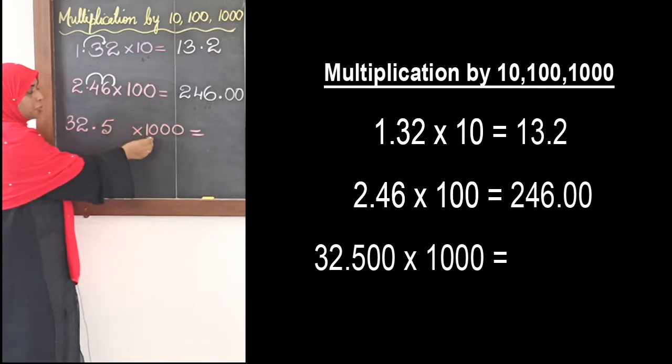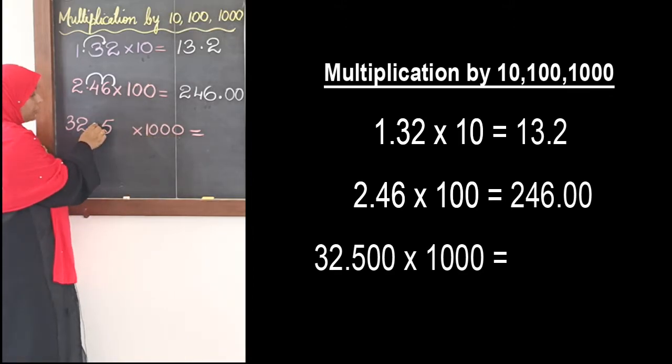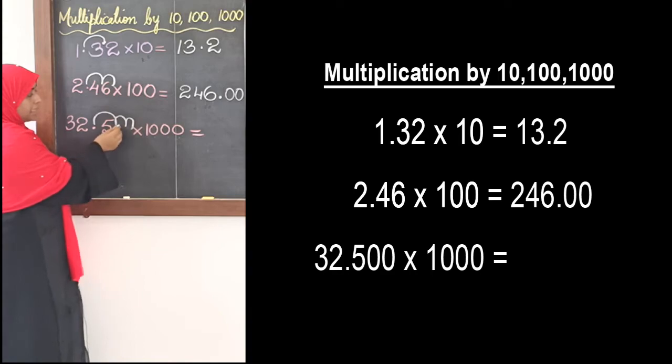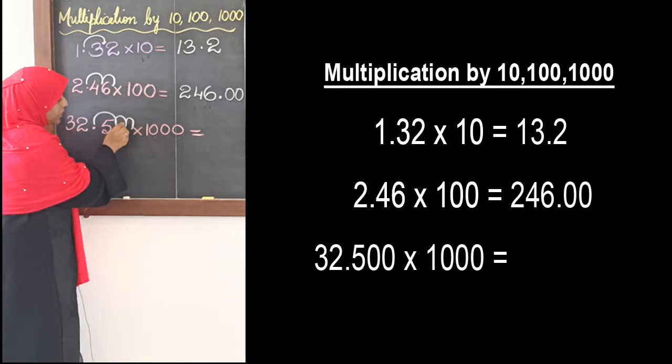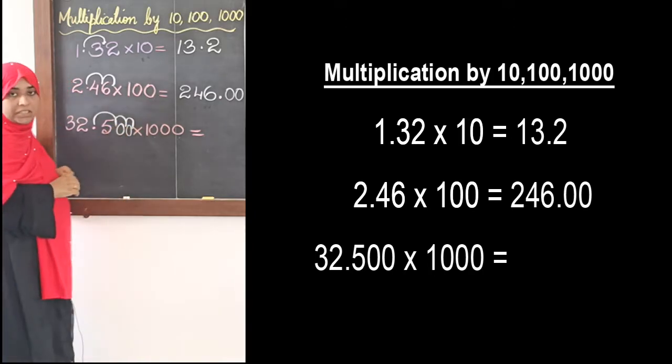My point has to shift 3 places to the right. So, let us see what happens over here. From here I start, and first it will jump 1 place, 2 and 3. But you can see that in these 2 places there are no digits. That means we can just add zeros over there. The value does not change.